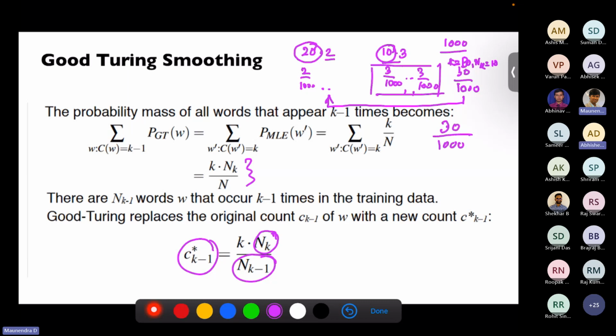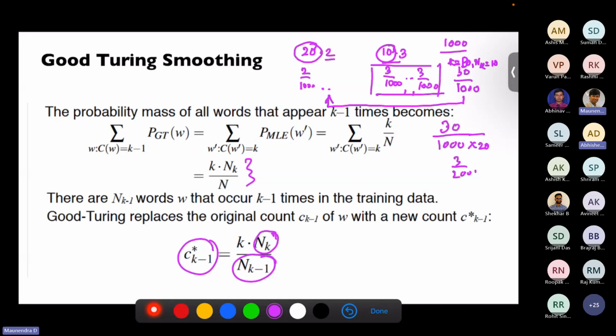Now each of them gets this entire probability mass divided by 20. So that becomes 3 by 2000, which is k into n_k by, it changed, right? Now it became 3 by... It changed.